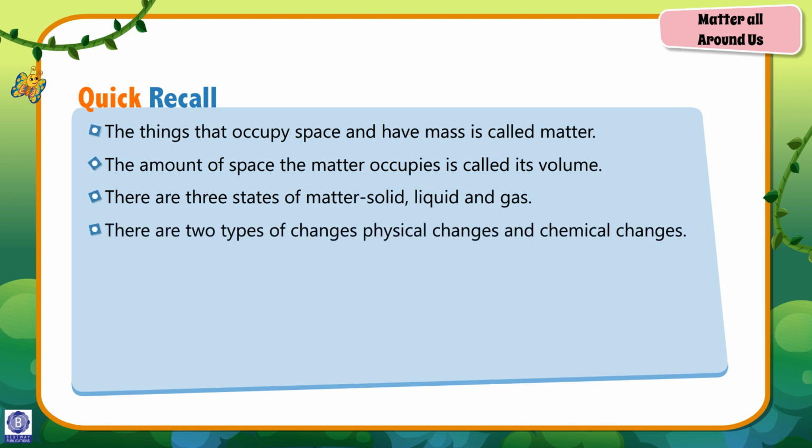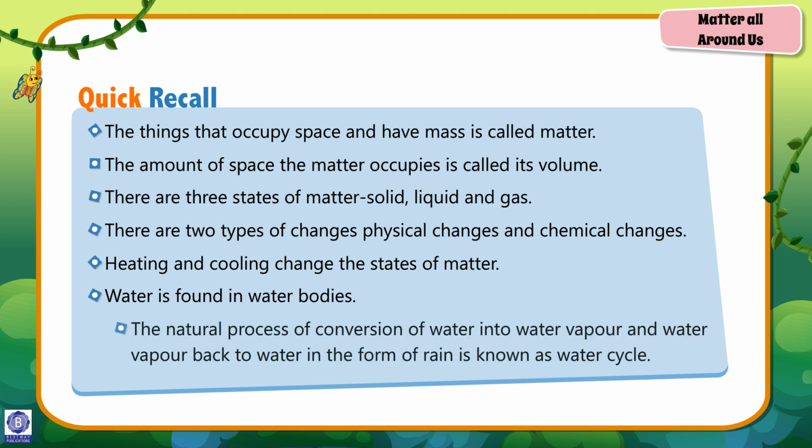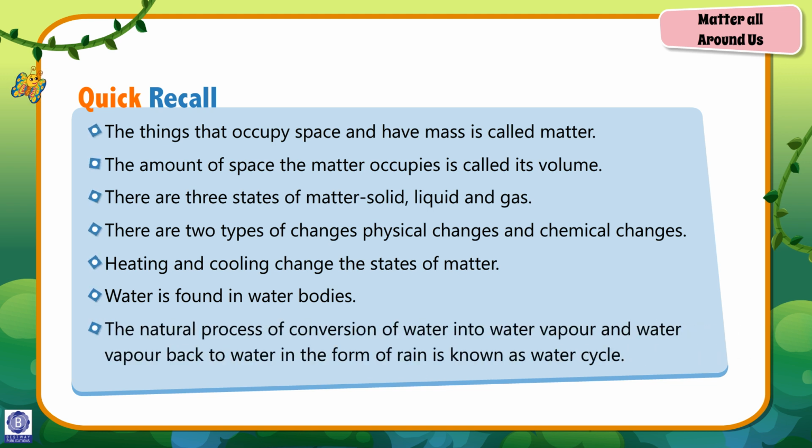There are 2 types of changes: physical changes and chemical changes. Heating and cooling change the states of matter. Water is found in water bodies. The natural process of conversion of water into water vapor and water vapor back to water in the form of rain is known as the water cycle.